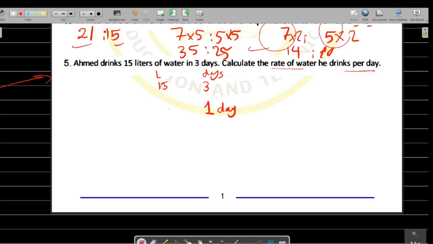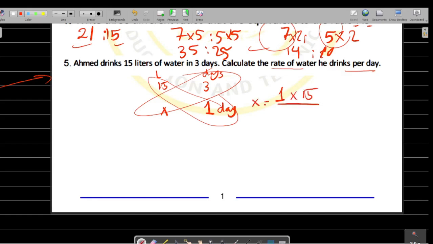So it will be easy to do it as extremes equal the means. Let this be x: 1 times 15 divided by 3 equals x. 15 divided by 3 equals 5. You will get 5.